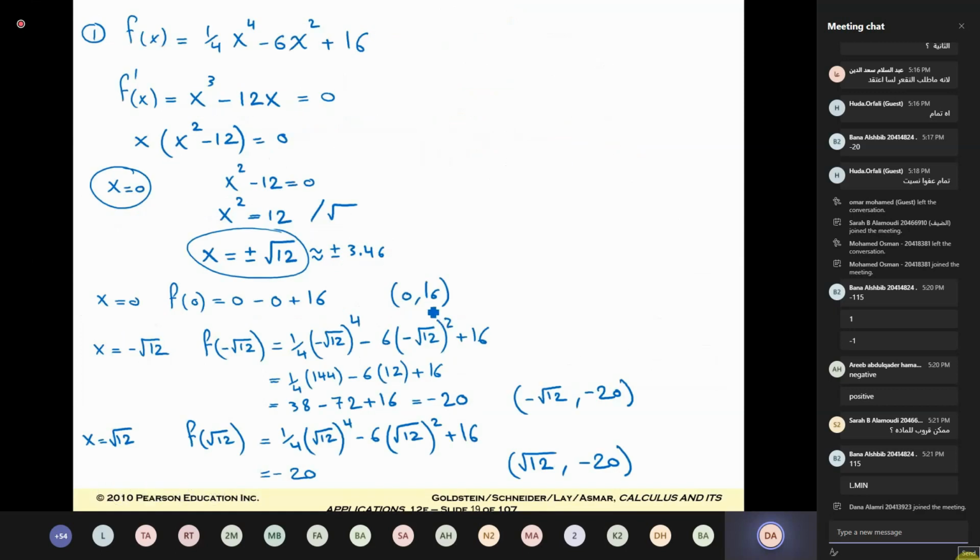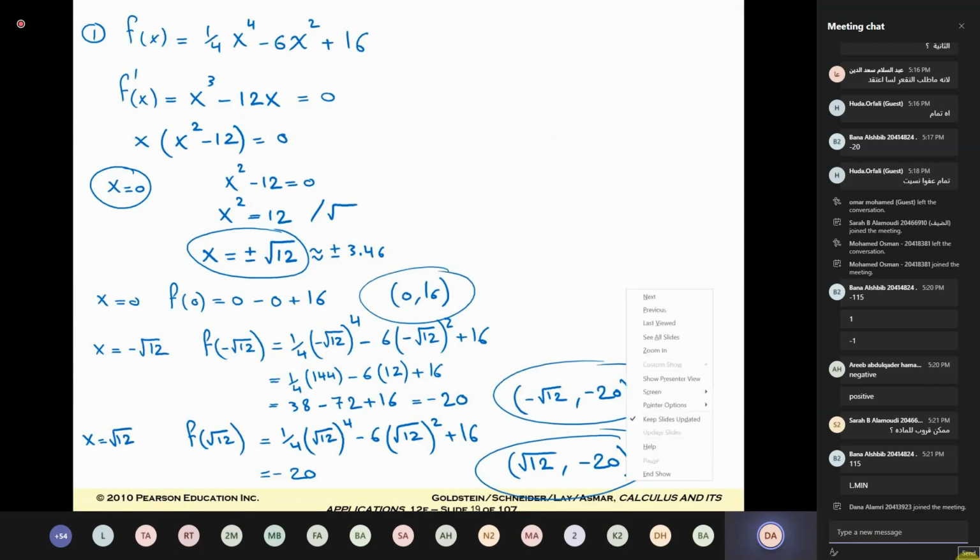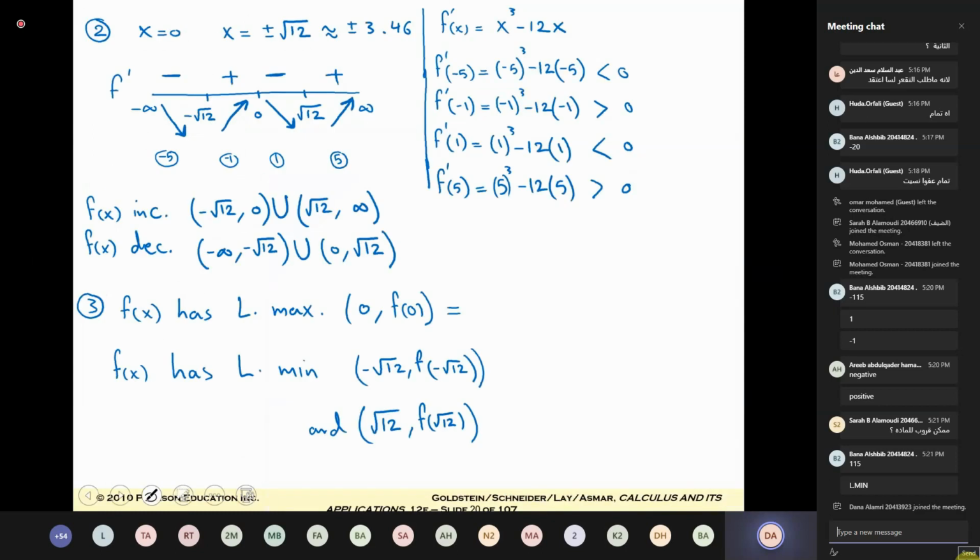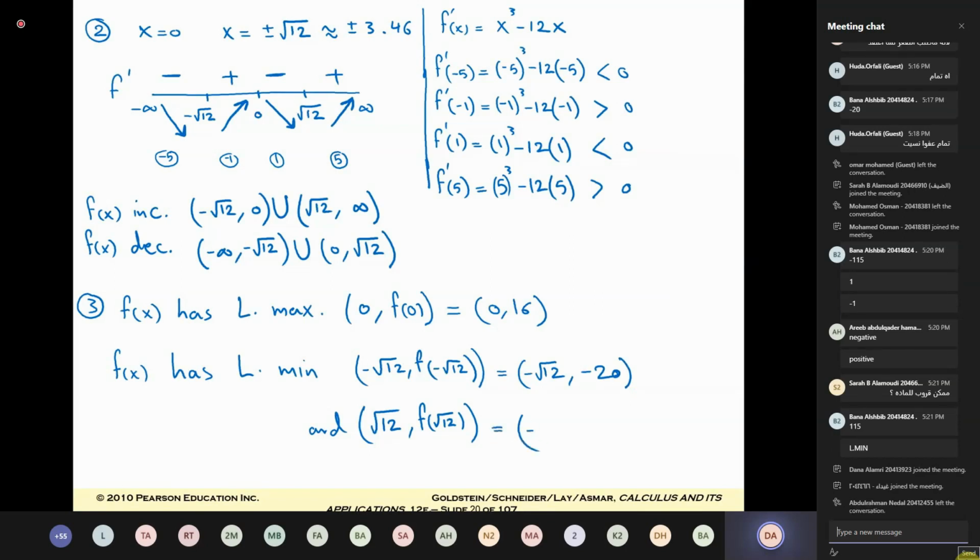At f is 0 we have 16, and at radical 12 and negative radical 12 we have minus 20. So (0, 16) is the maximum point, and (minus radical 12, negative 20) is the first minimum, and the second minimum point or local minimum is this one.